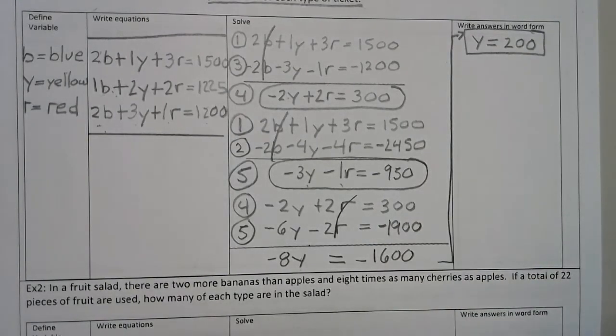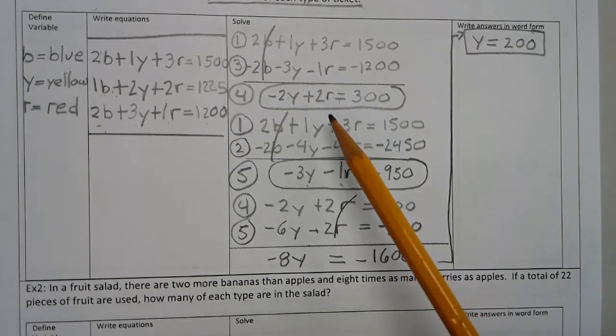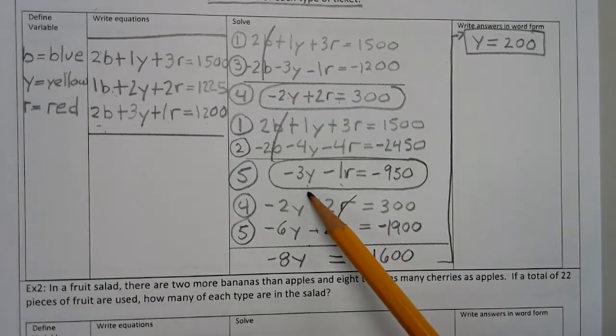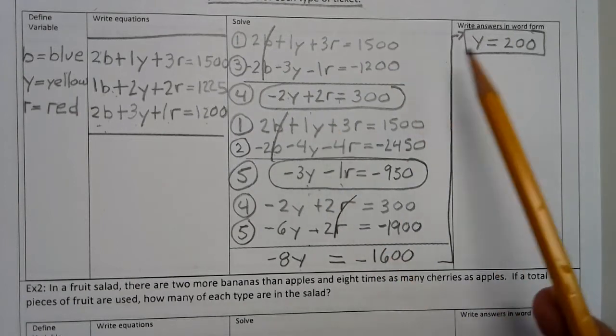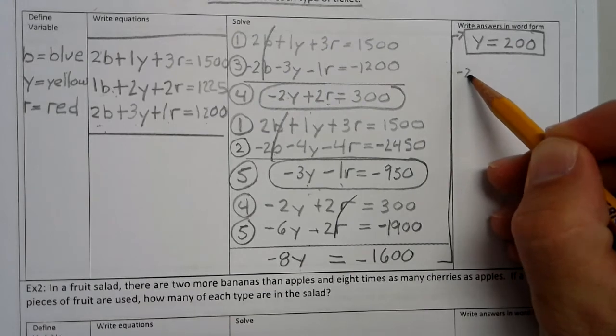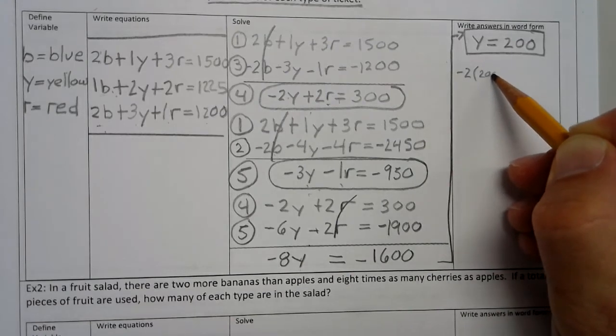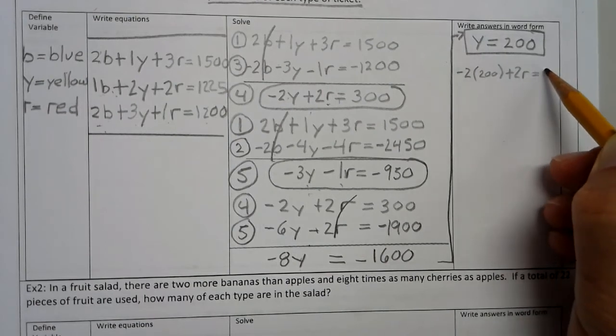All right, so now we can plug 200 back into either equation 4 or 5. It looks like 5 has a lot of negatives. You could do it, but I think probably 4 is better. So we're going to plug in 200 for y and solve for r. So that's negative 2 times 200 plus 2r equals 300.